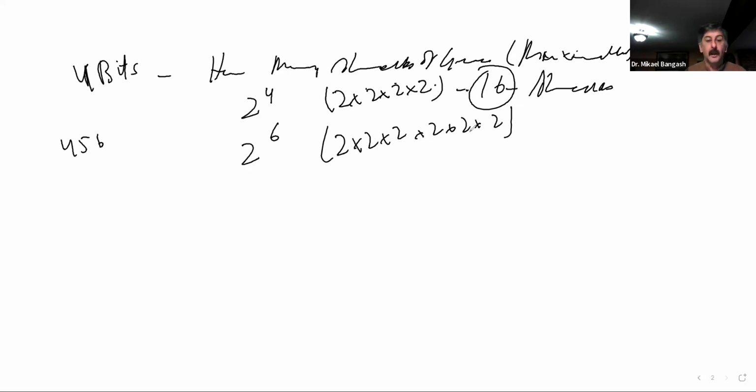So 2 times 2 is 4, times 2 is 8, times 2 is 16, times 2 is 32, times 2 is 64. So 6 bits can display up to 64 shades.